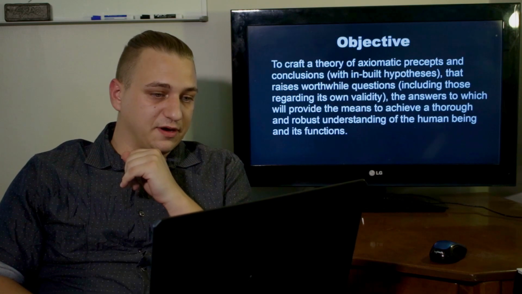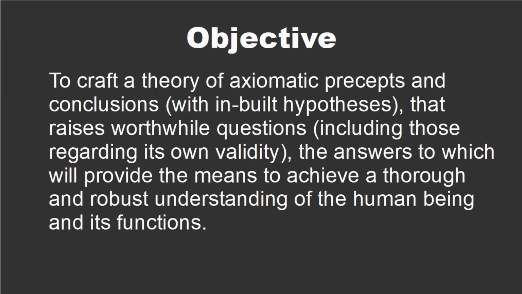So the objective here is to craft a theory of axiomatic precepts and conclusions with inbuilt hypotheses that raises worthwhile questions, including those regarding its own validity, the answers to which will provide the means to achieve a thorough and robust understanding of the human being and its functions.